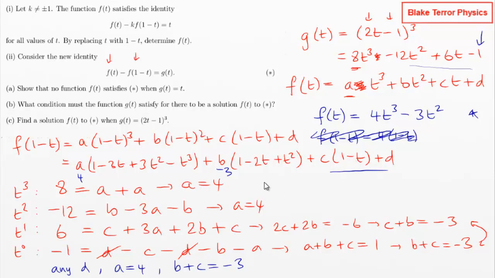So f of 1 minus t is going to be, what have we got then? I'll just go through all the terms. We've got a 4 minus 12t plus 12t squared minus 4t cubed, then minus 3, then plus 6t, and then minus 3t squared.